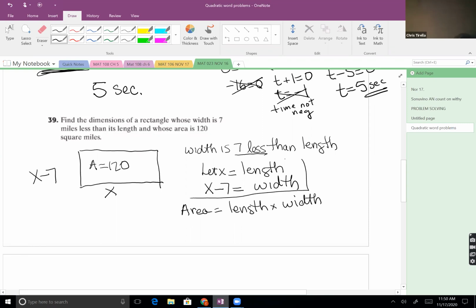If x is the length, because the width is 7 less, having that be x minus 7, does that make sense for everybody? Hearing no complaints, I'm going to be quiet and I'm going to ask you folks to please finish this. I'll give you a couple minutes and then we'll go over.